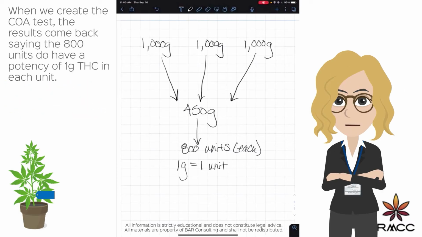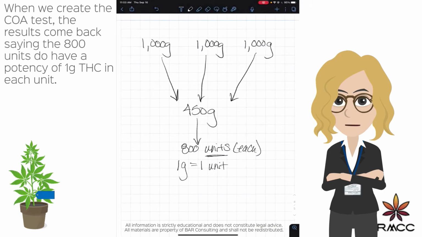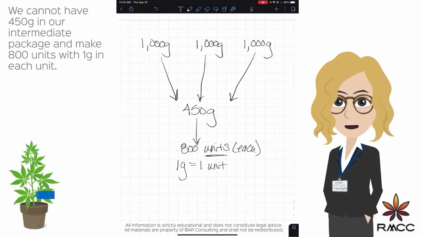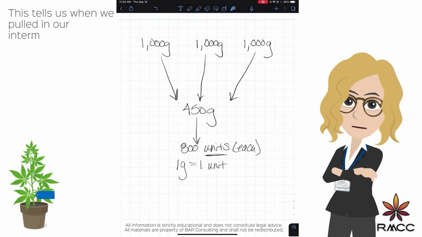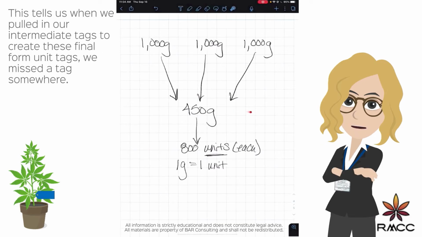And when we go to create the COA test and the test results come back, the actual units of these 800 units actually did have a potency of 1 gram THC in each unit. And as we can see, we can't have 450 grams right here and make 800 units with 1 gram. So this tells me somewhere right here, when we pulled in our intermediate tags to create these final form unit tags, we missed a tag somewhere.